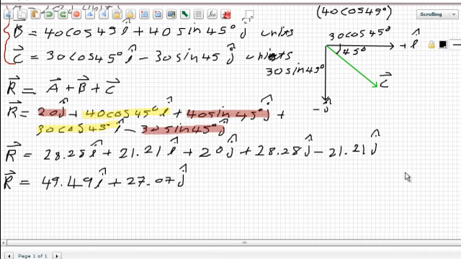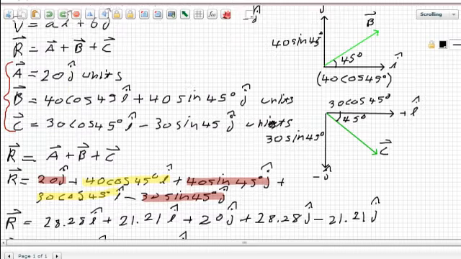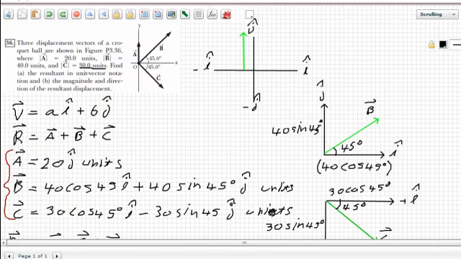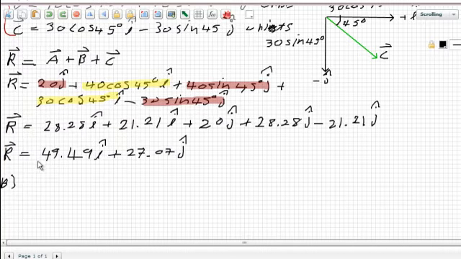Now for part B, what do they ask? They want to find the magnitude and the direction of the resultant displacement. So this is our resultant vector over here, and we have to get two things. We have to get the magnitude, and second we have to get the direction of that vector.